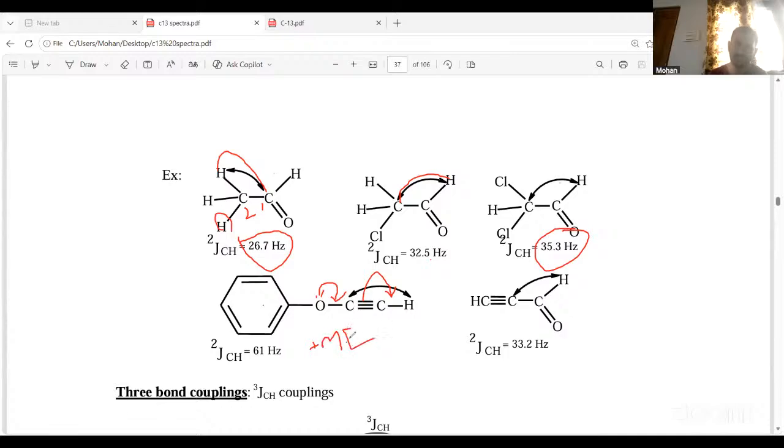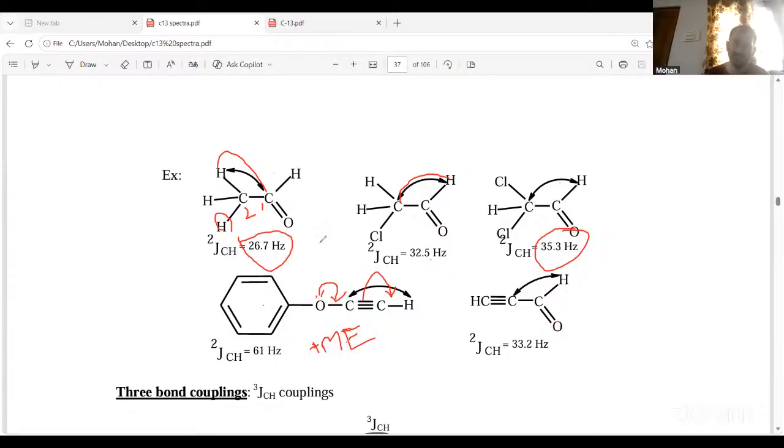Yesterday we discussed the mesomeric effect on the chemical shift values, right? So here the substitution of the plus M group leads to increased electron density on that particular carbon or atom. Then if the electron density increases on the specific carbon, what happens?